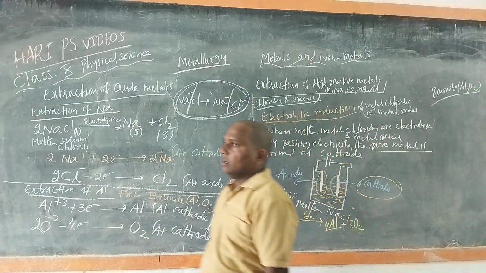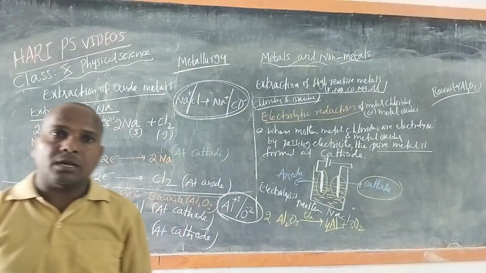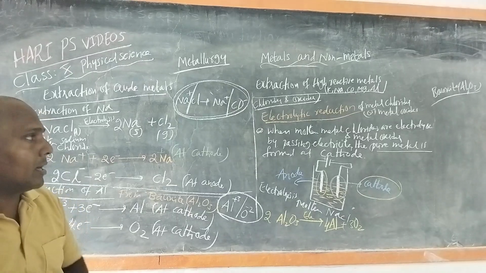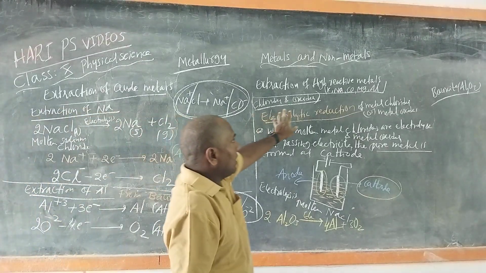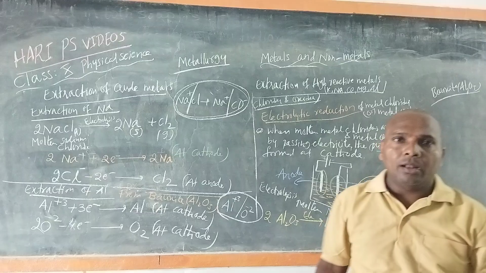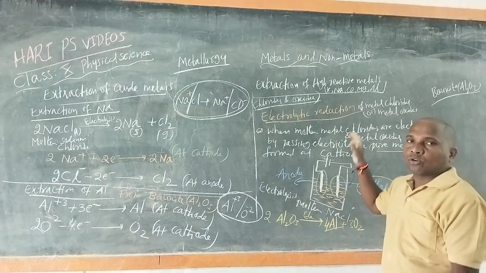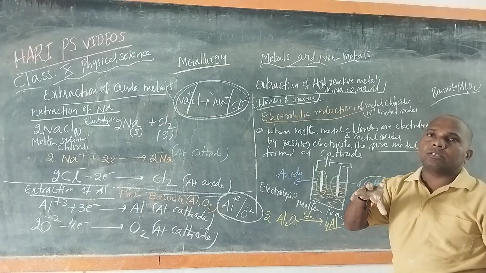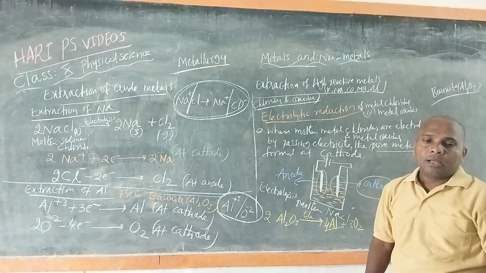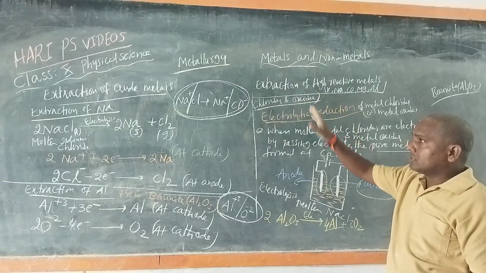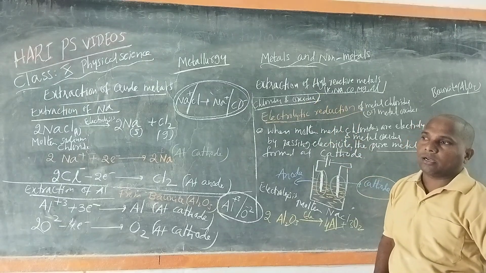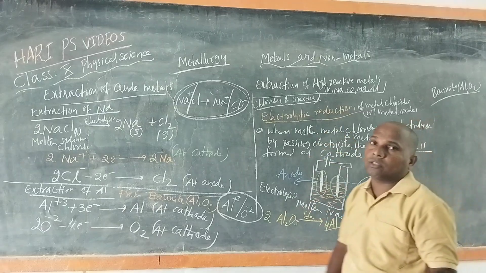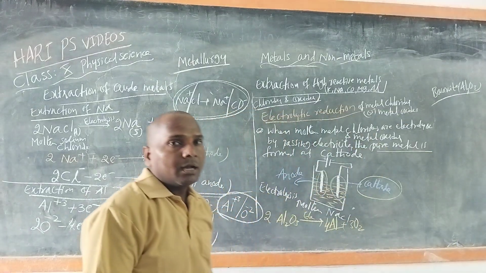So highly reactive metals are extracted by the process of electrolysis, or electrolytic reduction, because these highly reactive metals are available in the combined state as chlorides and oxides. Carbon is an excellent reducing agent, but these metals are not reduced by carbon, because they have a greater affinity for oxygen than carbon does.